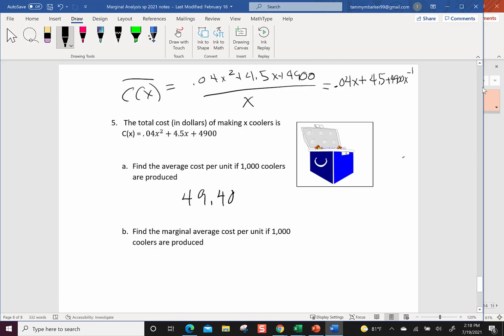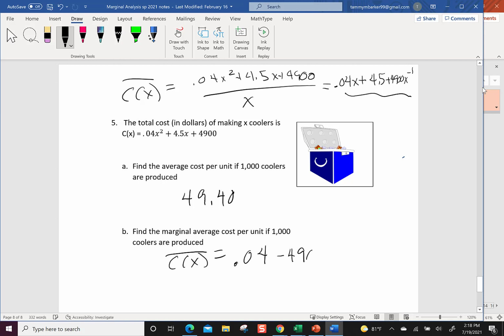Now we're going to find the marginal average cost. So the marginal says we need to take the derivative of the average cost function. So using the 0.04x plus 4.5 plus 4,900x to the negative 1, I have 0.04x, which becomes 0.04. 4.5 is a constant, it goes away. Using the power rule, the negative comes down.